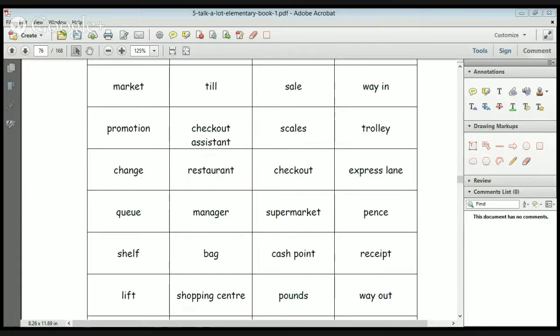Receipt. So this word has a stress on the second syllable. Usually two-syllable nouns have stress on the first syllable, and the second is probably a suffix. But in this case, it's an exception, and the stress is on the second syllable. Receipt.